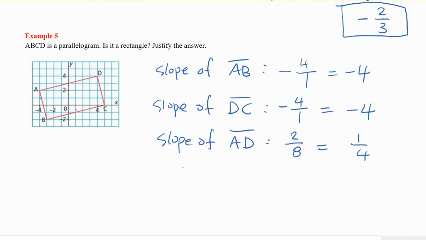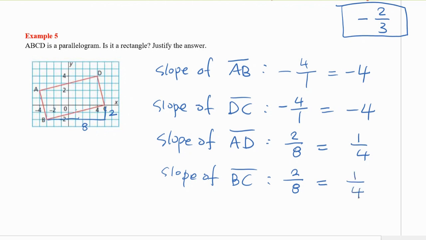And next, slope of BC. Run is 8 and rise is 2. So rise over run is 2 over 8. It is going up, positive slope. So 1 over 4.